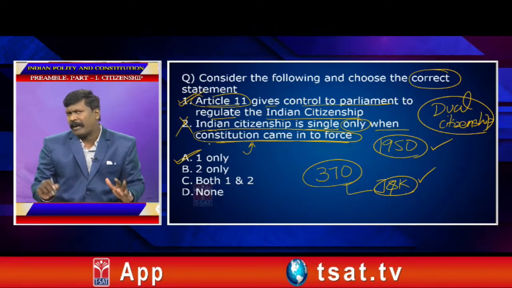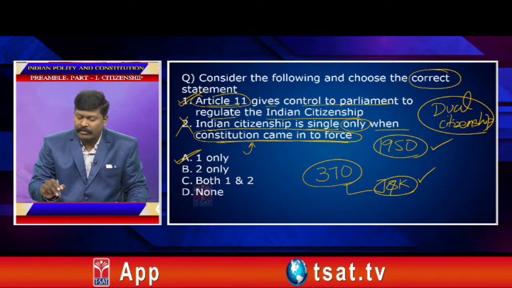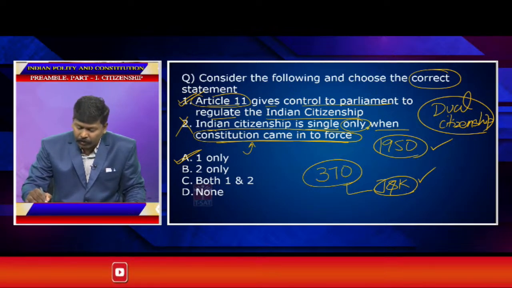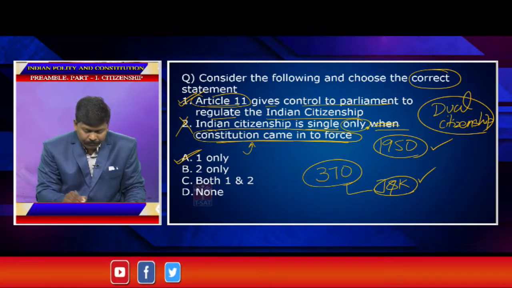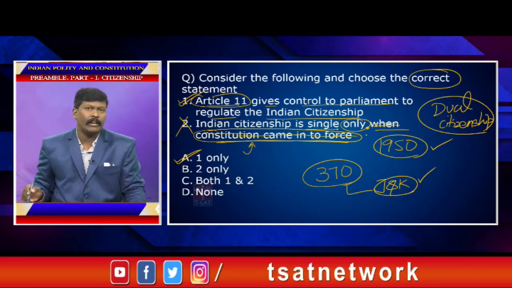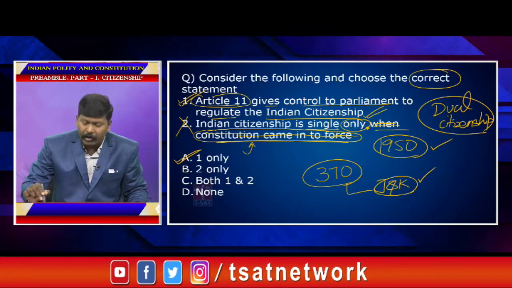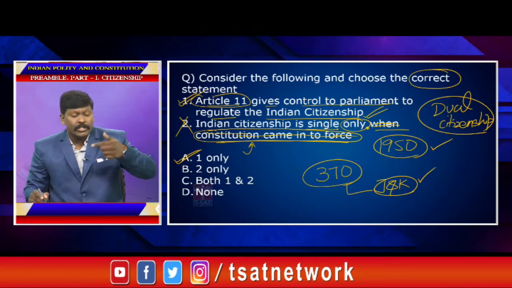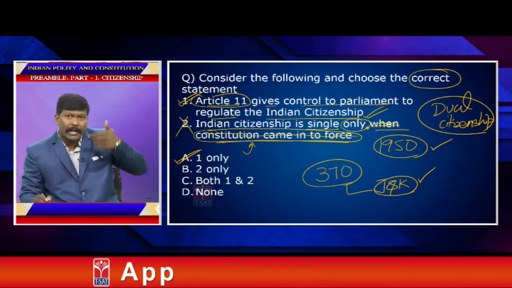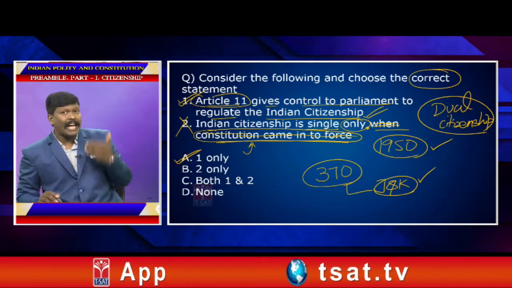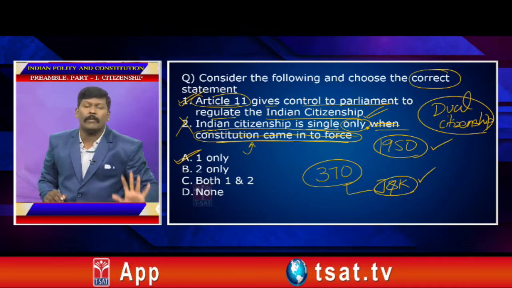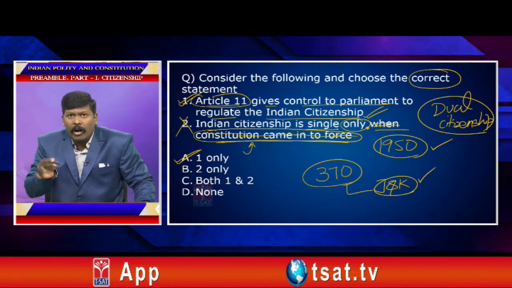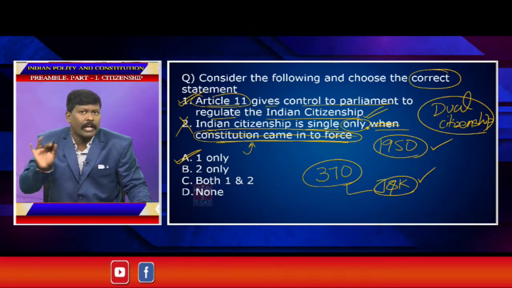Sir, suppose imagine Indian citizenship is single only, full stop. Imagine the 1950 part is not there. Then this is also a correct statement, because presently Jammu and Kashmir was made completely part of India, and the entire Indian Constitution is applicable to Jammu and Kashmir. So, there is no concept of dual citizenship in Jammu and Kashmir now.